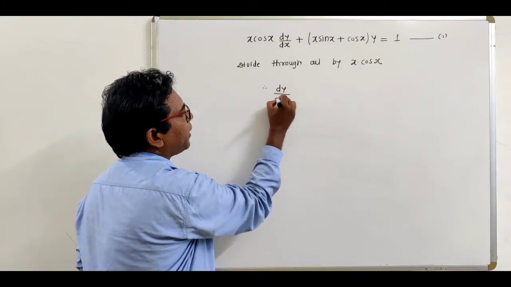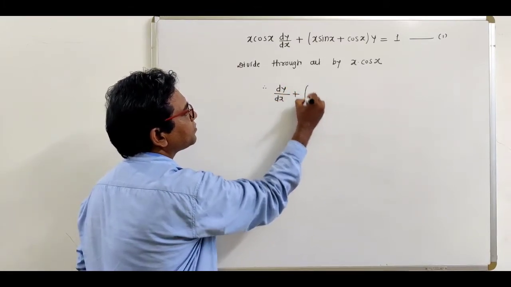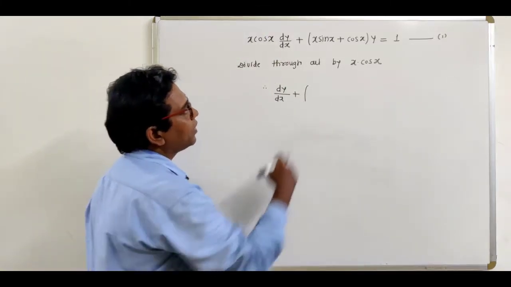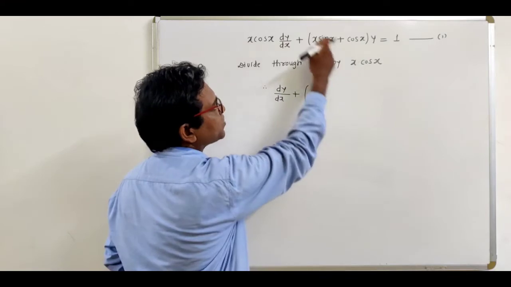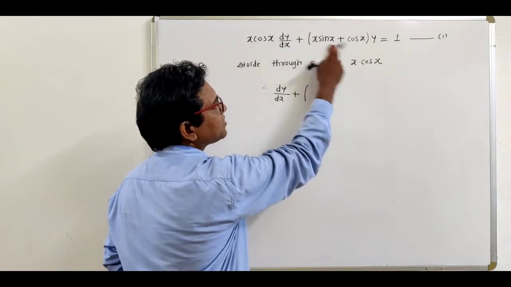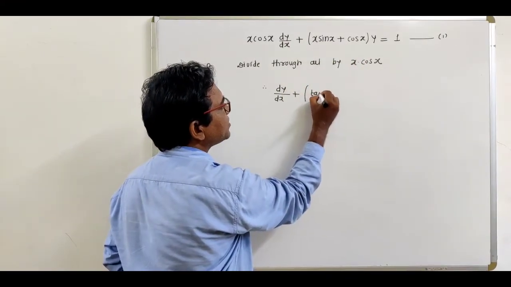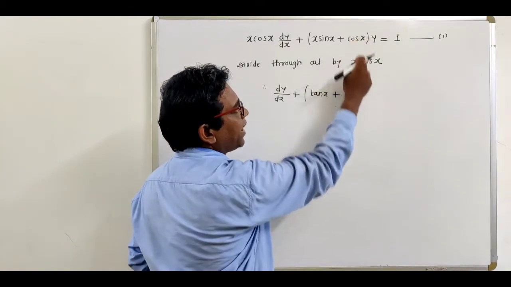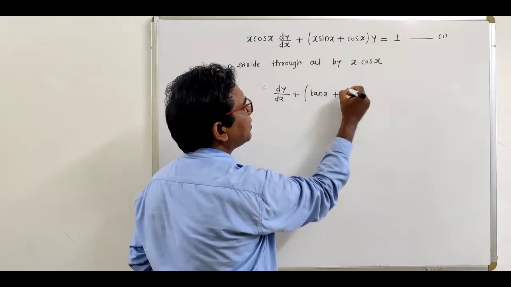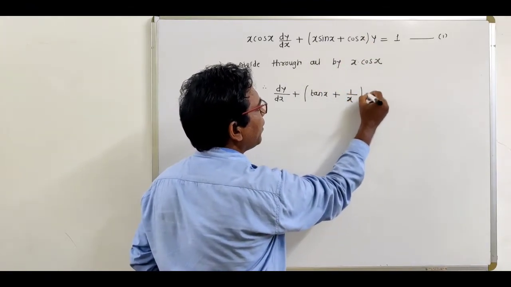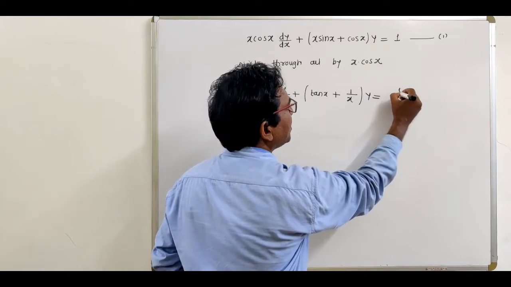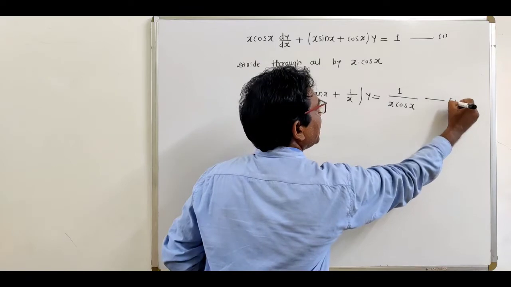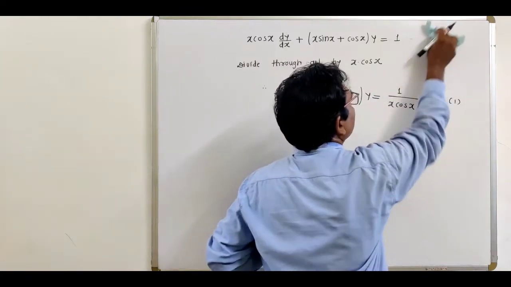This is dy by dx plus, if we divide by x cos x, then x x get cancelled. Sin x upon cos x is our tan x. Plus, divide the next term by x cos x, so cos x gets cancelled. What is the remaining term? This is 1 upon x into y is equal to, dividing the right hand side by x cos x. So this is our new equation, suppose equation number 1.